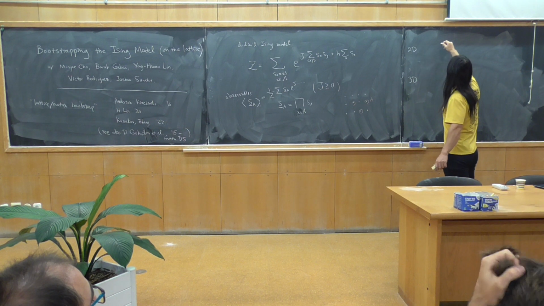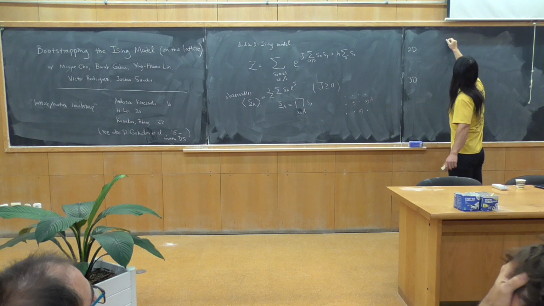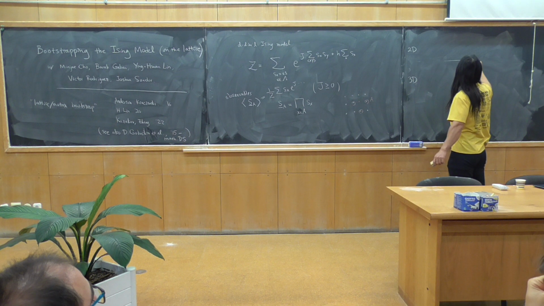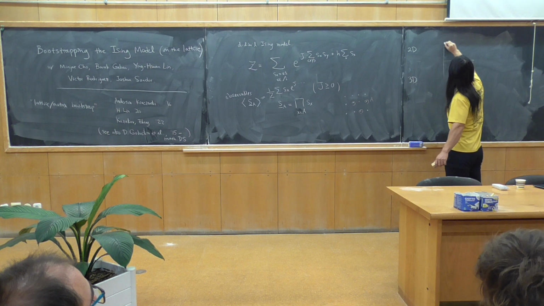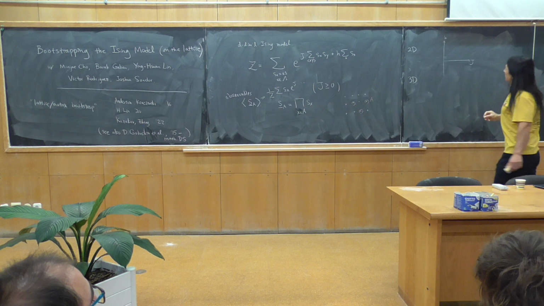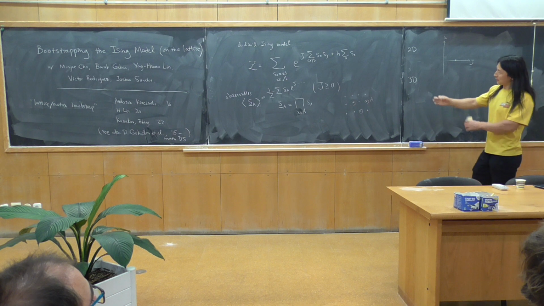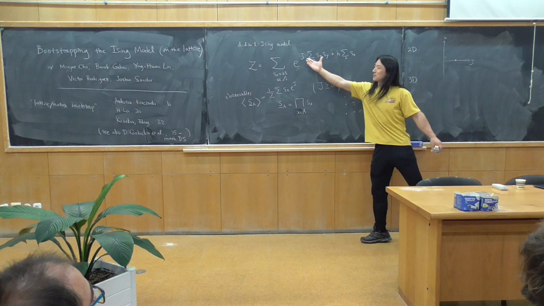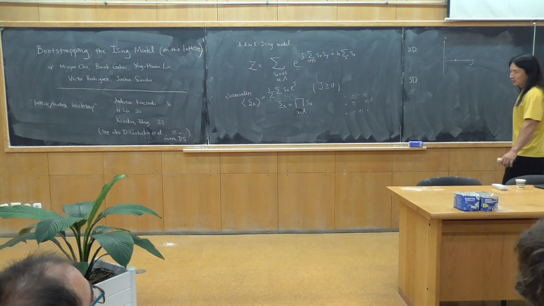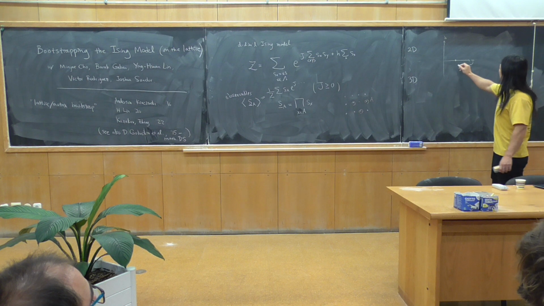In both 2D and 3D, we know that there's a phase diagram that looks like this, where there's some critical value of the coupling, usually referred to in terms of temperature, but I've absorbed the temperature into my definition of J and h. So I just talk about the critical value of the coupling. Let's call it J_c.